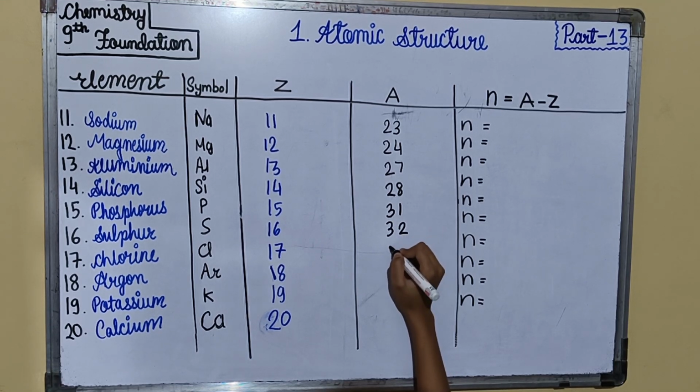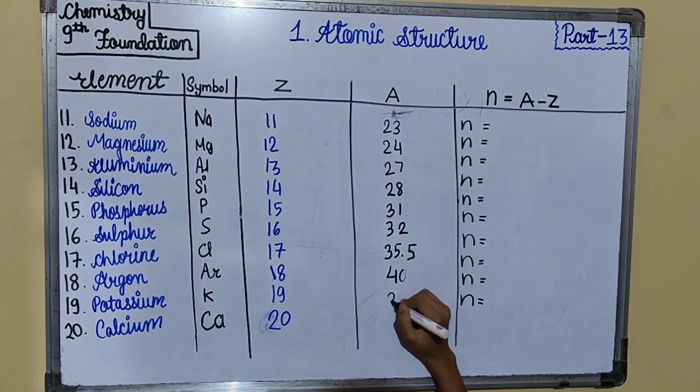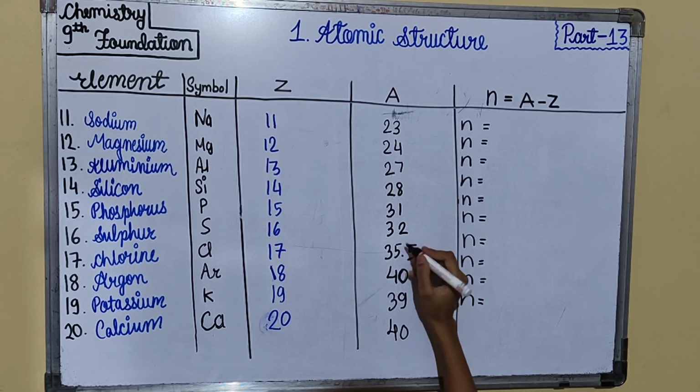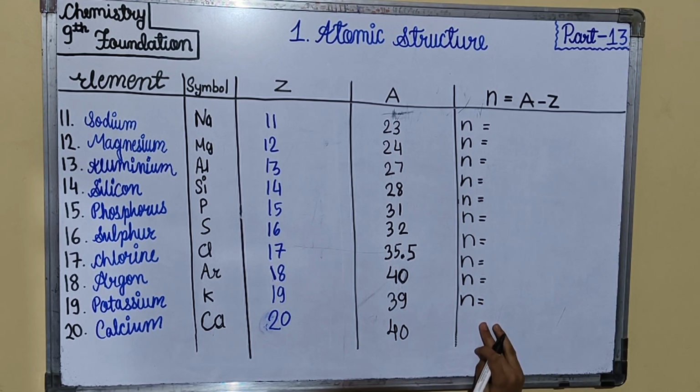Mass number of chlorine is 35.5. Mass number of argon is 40. Mass number of potassium is 39. Mass number of calcium is 40. These are the mass numbers. Now the 11th to 20th elements' neutron number.